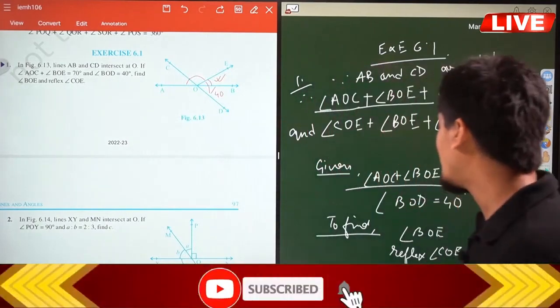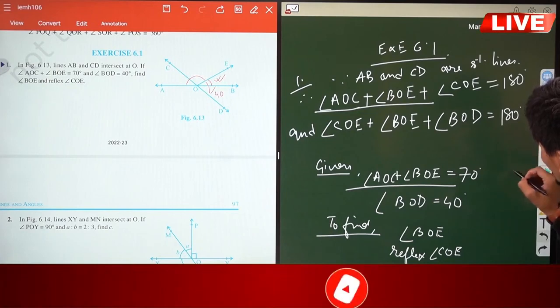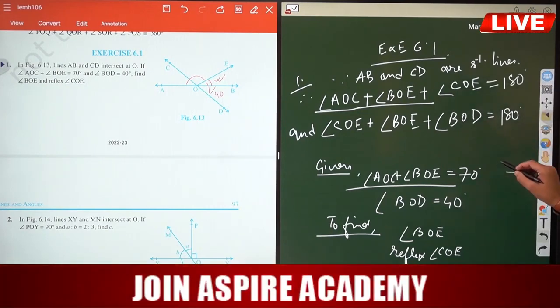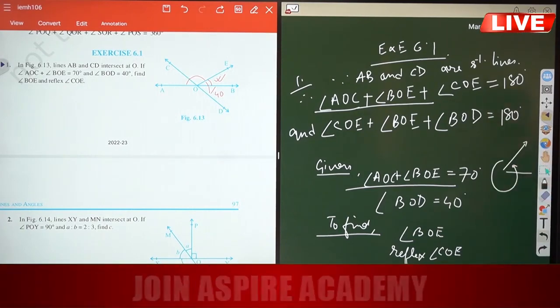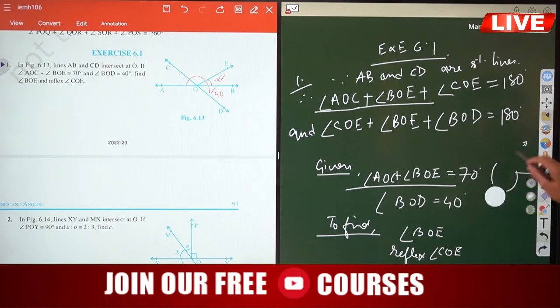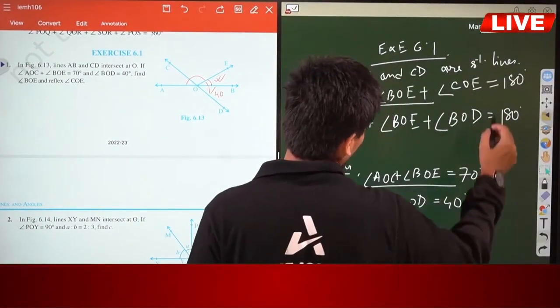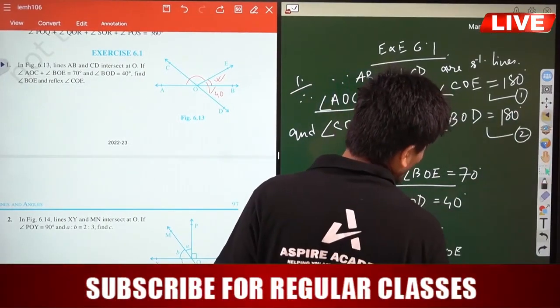And reflex means what? If this is a line, and I have to draw a reflex, then a reflex makes an angle of 360 degrees in total. So from here, what can we do? Let this be equation 1 and this be equation 2.